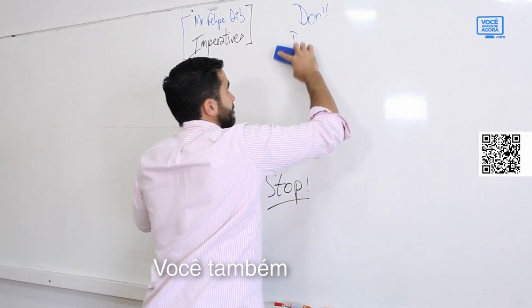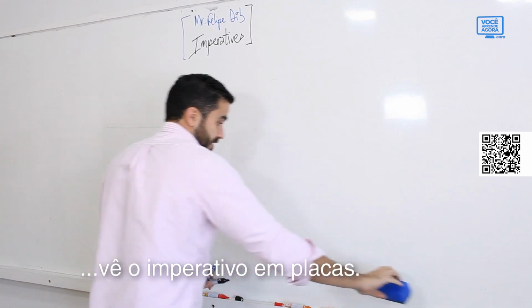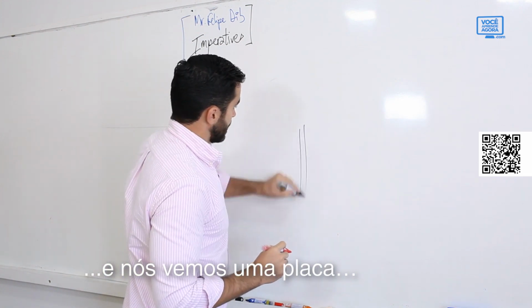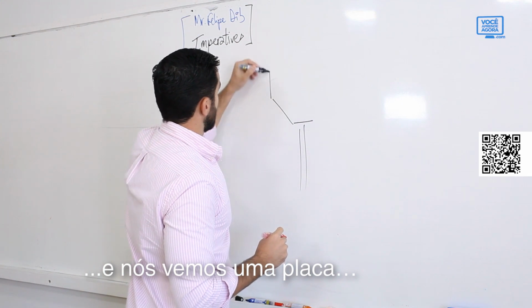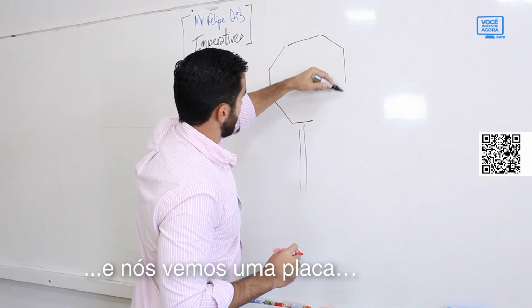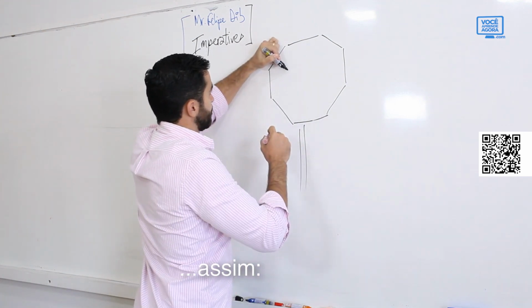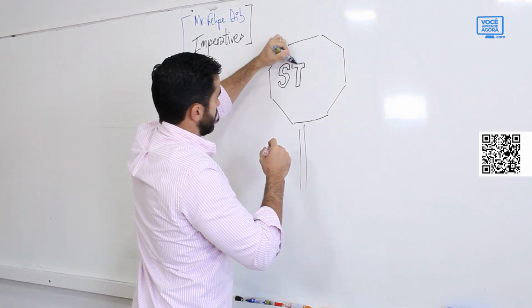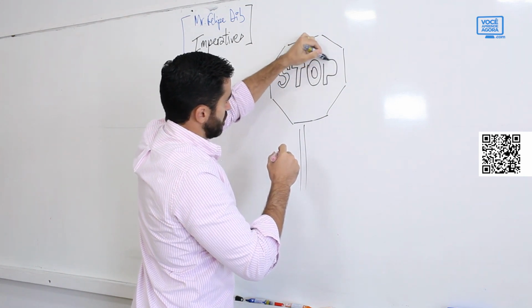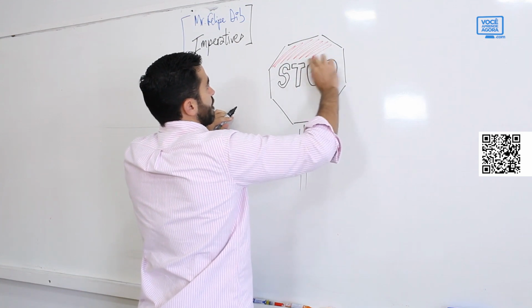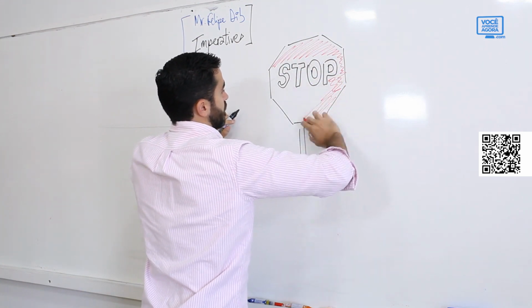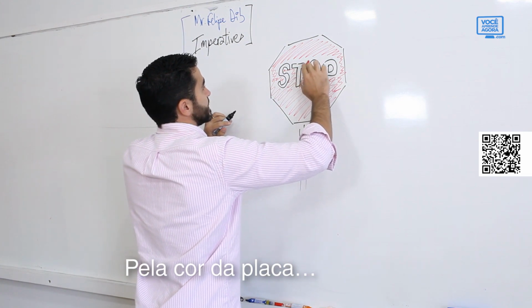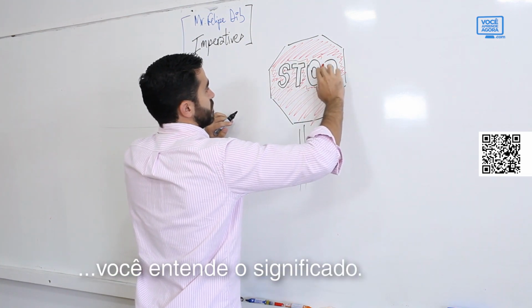You also see the imperative in signs. If you were driving and you see a sign like this, by the color of the sign, you understand the meaning.